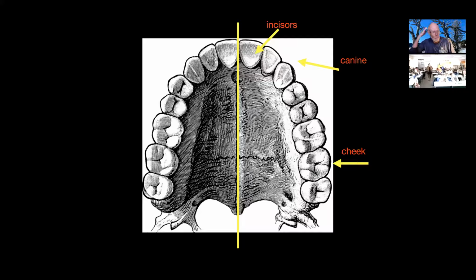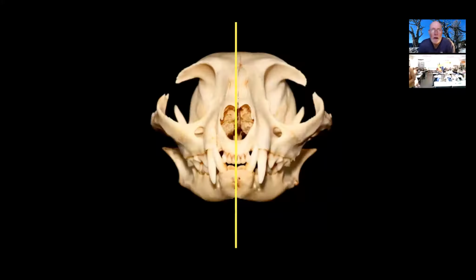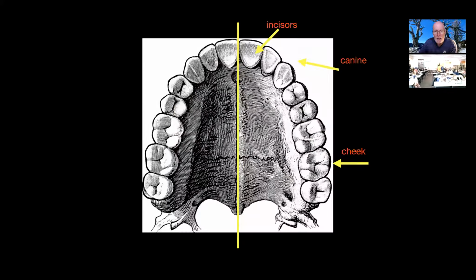Now, did you know that a skull can be divided in half and the left-hand side and the right-hand side are matching pairs? So when we count teeth, we draw a line down the middle and then we count only one side. So let's go back to the chart here.